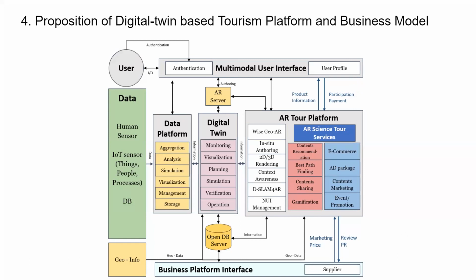The tourists decide the artifacts of interest through the AR experience, and the digital twin recommends the AR tourism route in consideration of the visitors' preferences and the congestion of cultural institutions.